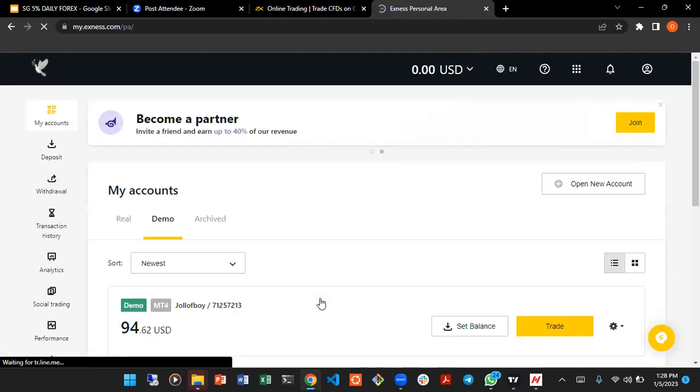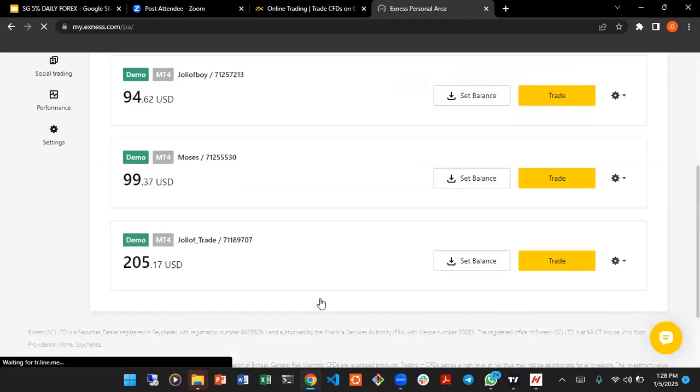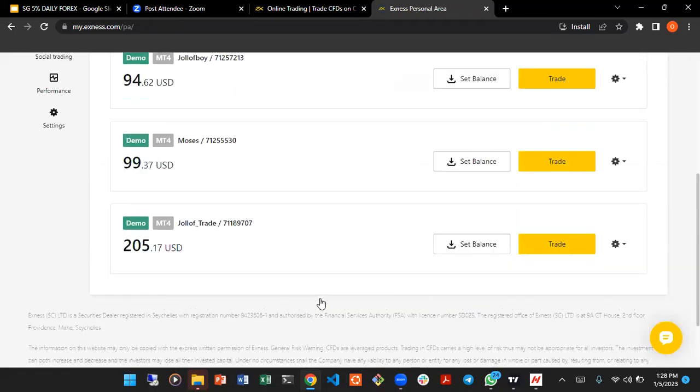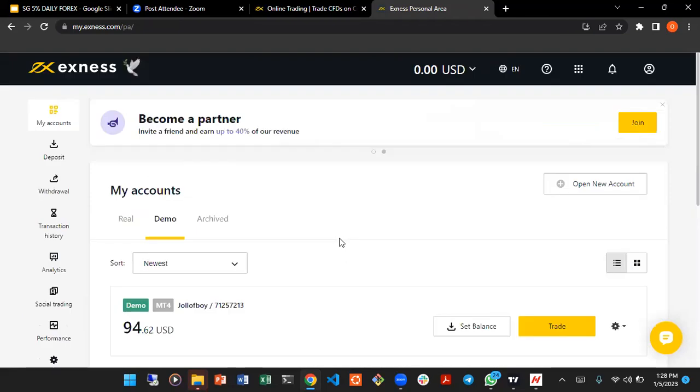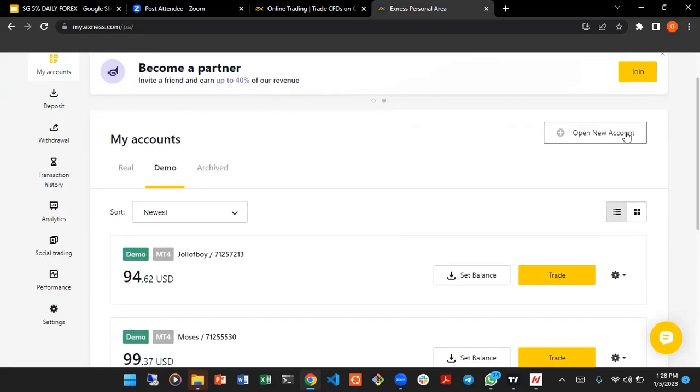Now it has opened. So let me try and open an account, either live or demo, for you to see it. Let me try demo so that you see how the leverage works.